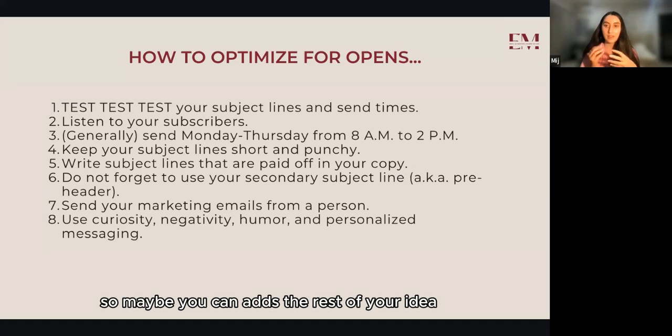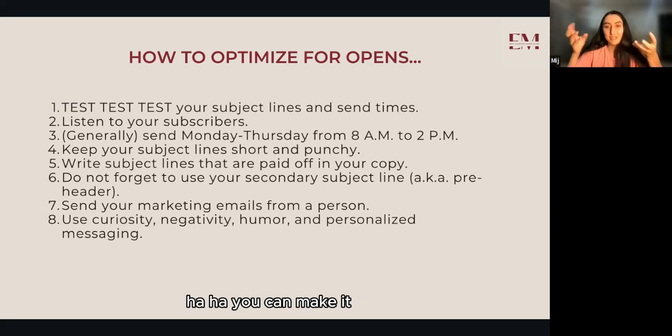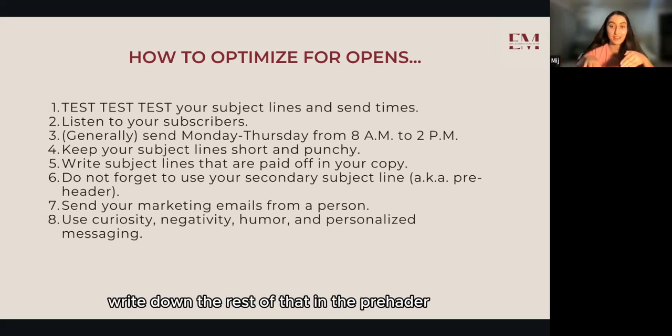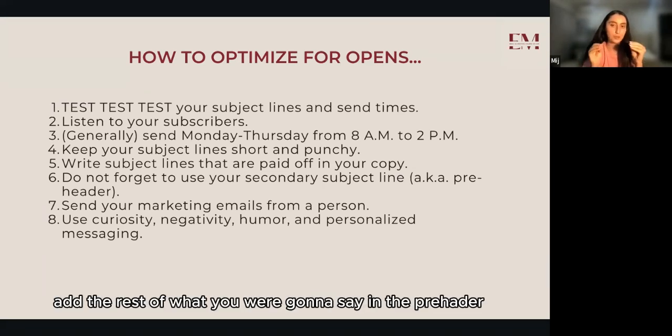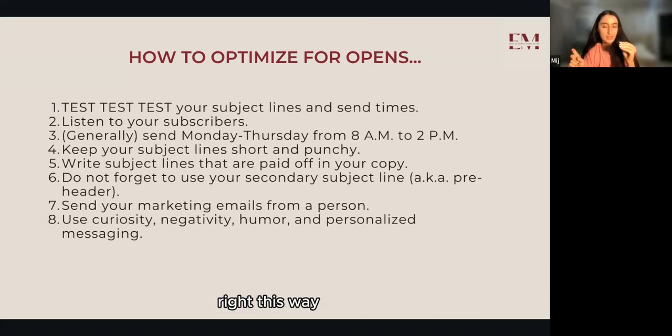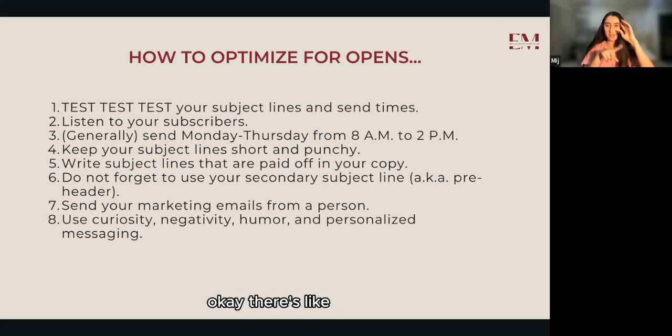So for those people who really like to make it long, make your subject line short and write the rest of what you were going to say in the pre-header. This way the person reads the subject line and then sees the continuation, but it also needs to be short.